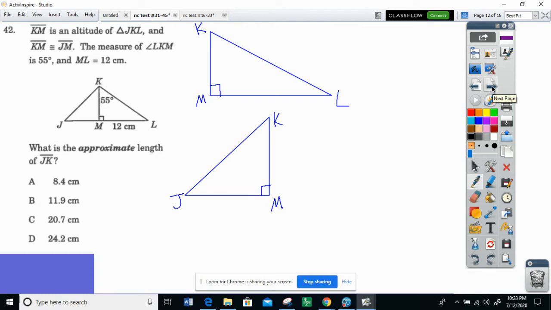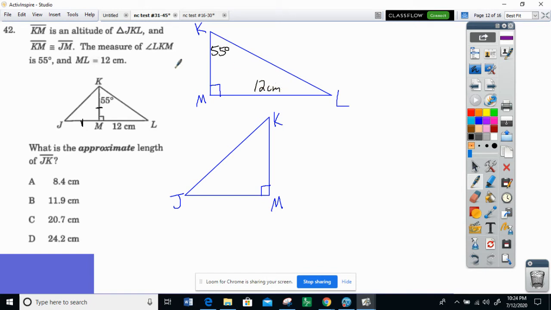Number 42 says segment KM is an altitude of triangle JKL, and segment KM is congruent to segment JM. The measure of angle LKM is 55 degrees, and the measure of segment ML is 12 centimeters.